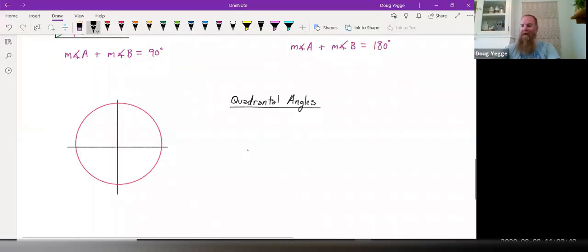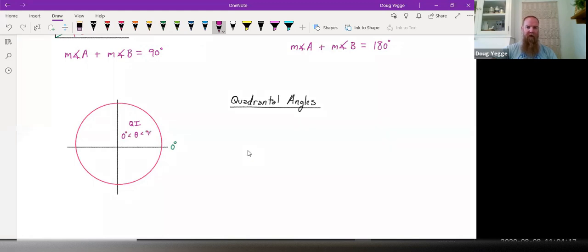The next type of angle that I do want to mention, and I already mentioned it a bit earlier actually, but I never gave it a particular name, are called quadrantal angles. Now, when you look here at this positive x-axis as being 0 degrees, then anything that occurs in quadrant 1, here, is going to have an angle measurement that's between 0 degrees and 90 degrees.